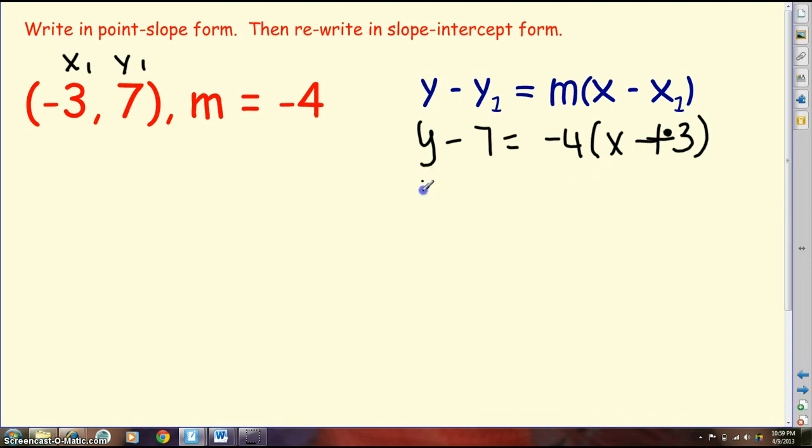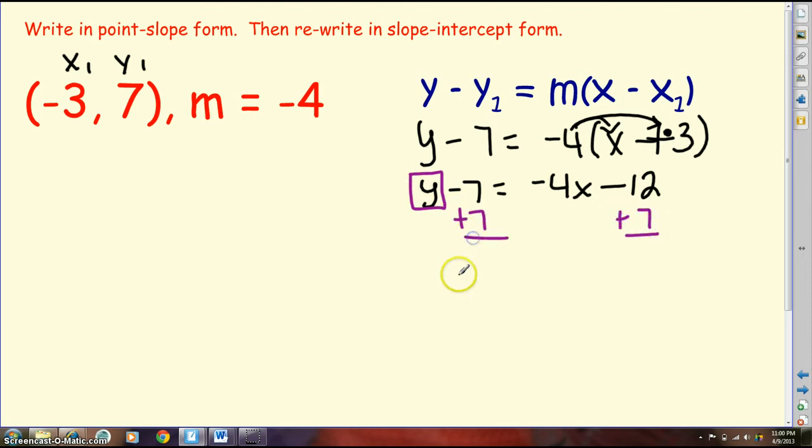Minus a negative is plus. So now we need to distribute. So I would have negative 4x, and a negative 4 times a positive 3 would make a minus 12. And now we just need to get our y value by itself. So we would need to add 7 onto both sides. So we have y equals negative 4x, and negative 12 plus 7 would make a minus 5.